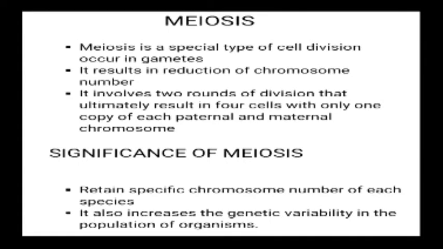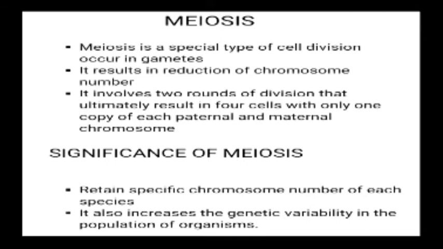Like mitosis, there is another type of cell division called meiosis. This special type of cell division occurs in gamete cells. It results in the reduction of chromosome number. That is, the number of chromosomes is reduced to half.